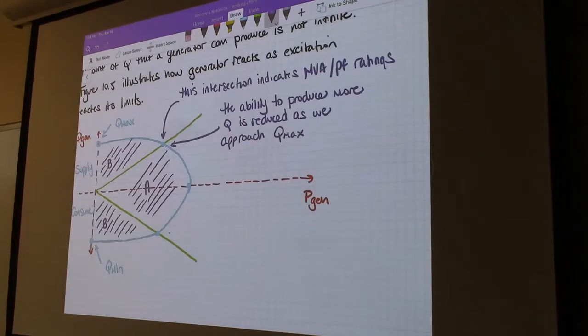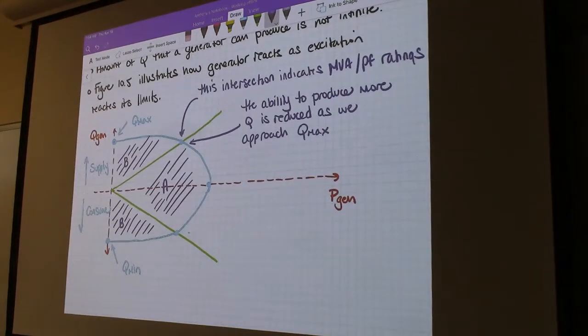Okay, so we'll talk about what region A and B mean. Sorry, this is actually called region C. You could call it B also, but anyway, we'll keep it separate. So the differentiation between A and B or A and C is a line that goes from the origin to this point, which is set by the rating in MVA and power factor.